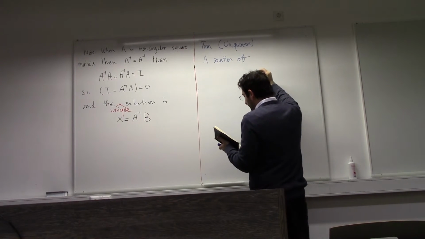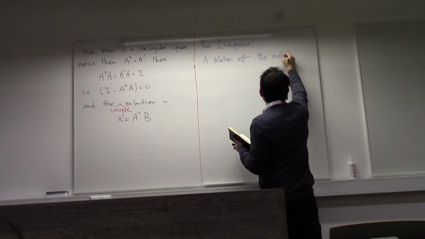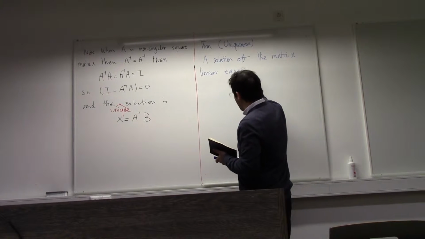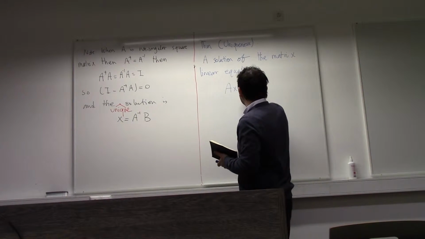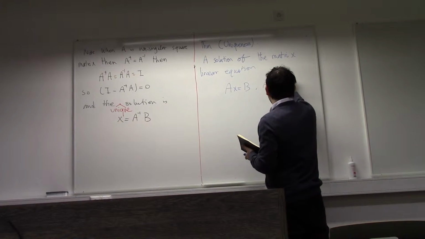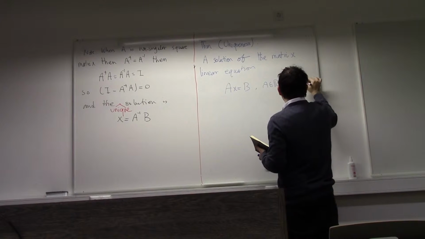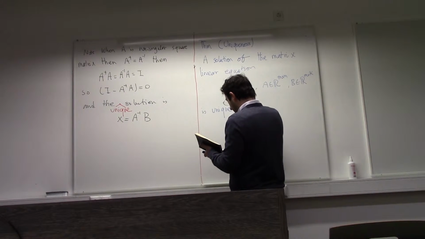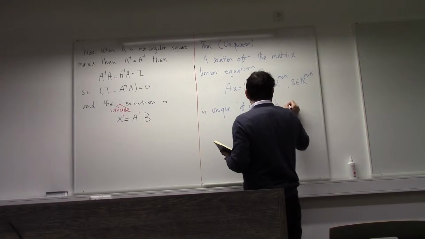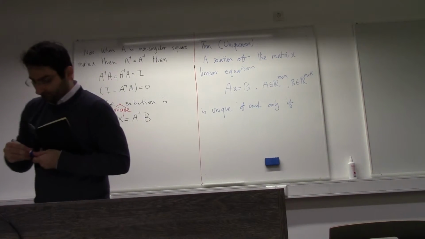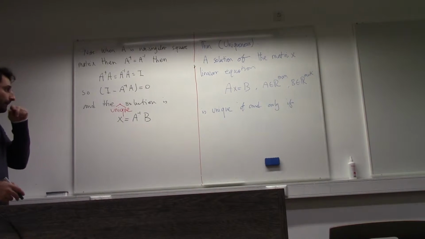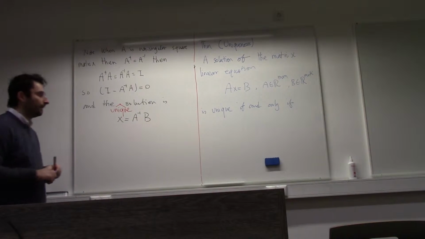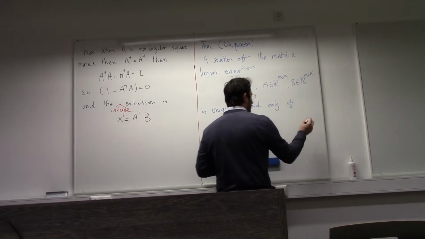of the matrix linear equation of AX is equal to B, where A belongs to R m by n and B belongs to R m by k, is unique if and only if, we want to write something.